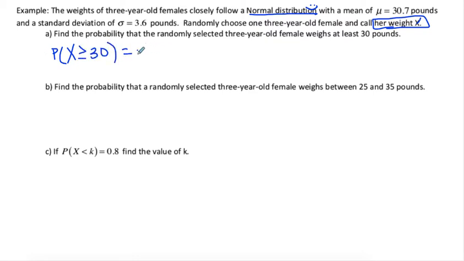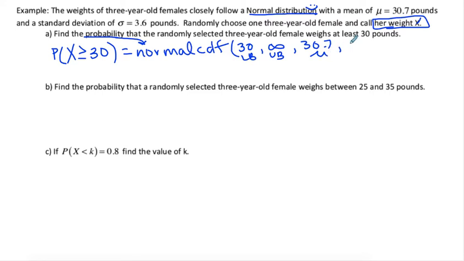All right, so this is going to be normal CDF. We have a normal calculation. I'm looking for a probability. Tells me normal CDF. Lower bound, I'm going to say 30. Going to infinity as my upper bound. Centered at our mean of 30.7 and our standard deviation of 3.6.